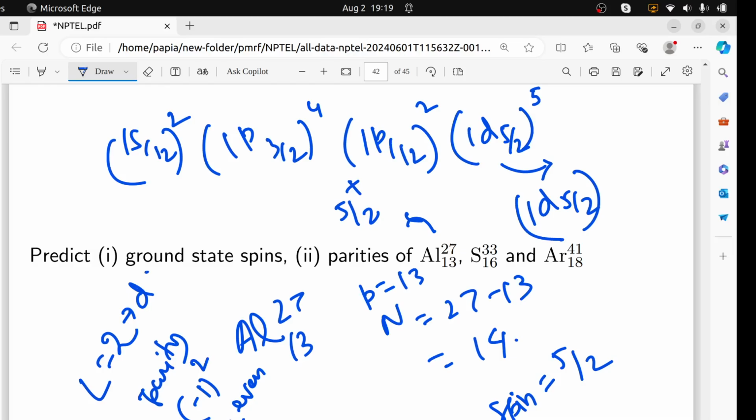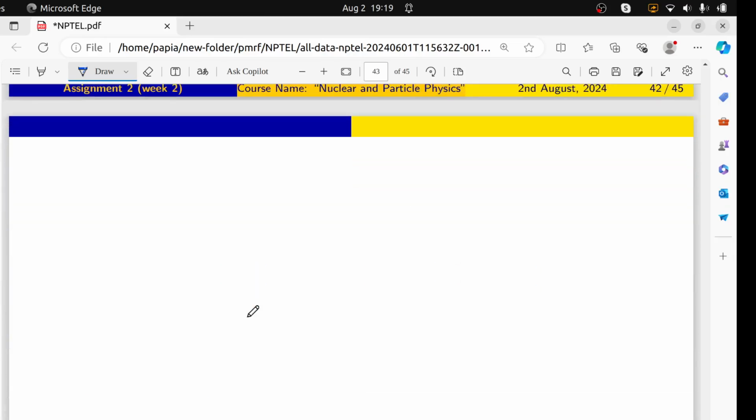Here it is already written as ground state spin, so there is no confusion. But even if not written, you can understand that it is for the ground state. If it is for the first or second excited state, they will mention that in the question. Now coming to sulfur-33.